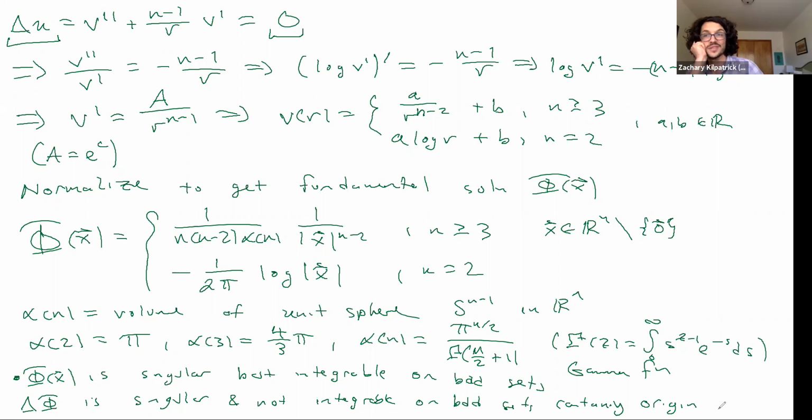If you have some kind of symmetry in your problem, you can massively reduce the dimension of your problem and often make it solvable, and then use asymptotic methods to say, well, what happens if I start to introduce asymmetry or something like that? Okay. So what's this fundamental solution good for?